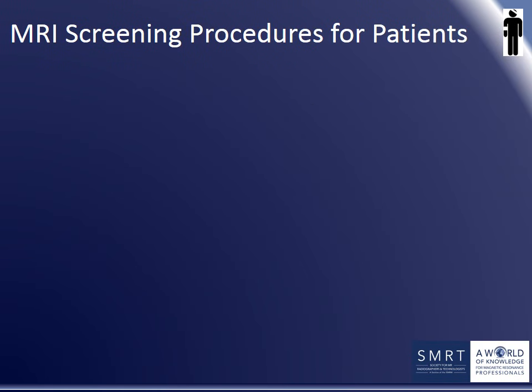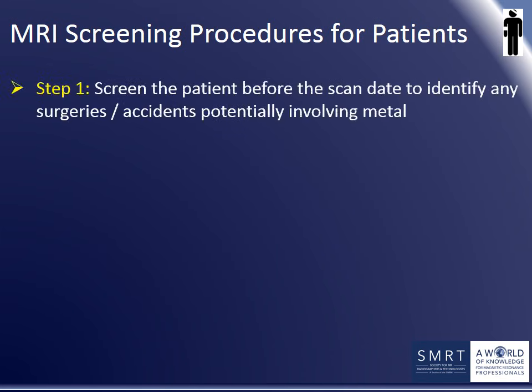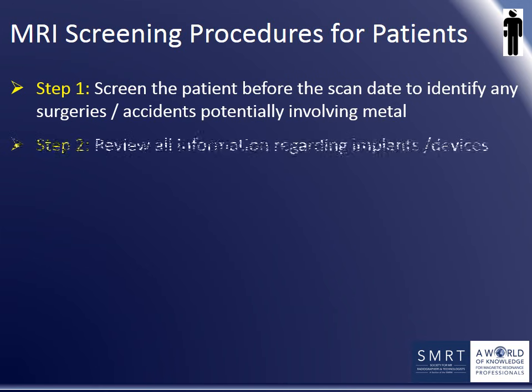The procedure for screening patients for MRI involves a number of steps. Initially, the patient is screened before the scan date, or scan time in the case of emergencies, to identify any medical procedures or accidents involving metal that they might have had. Then, all information regarding implants or devices needs to be reviewed and approved.